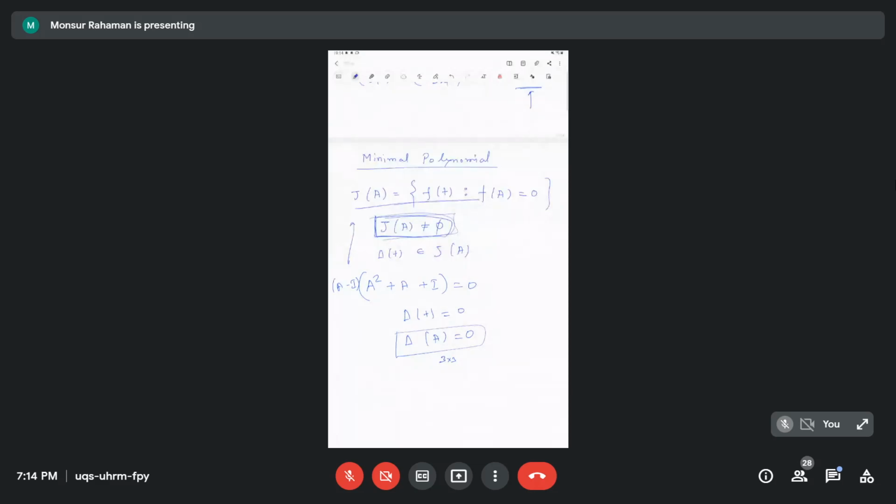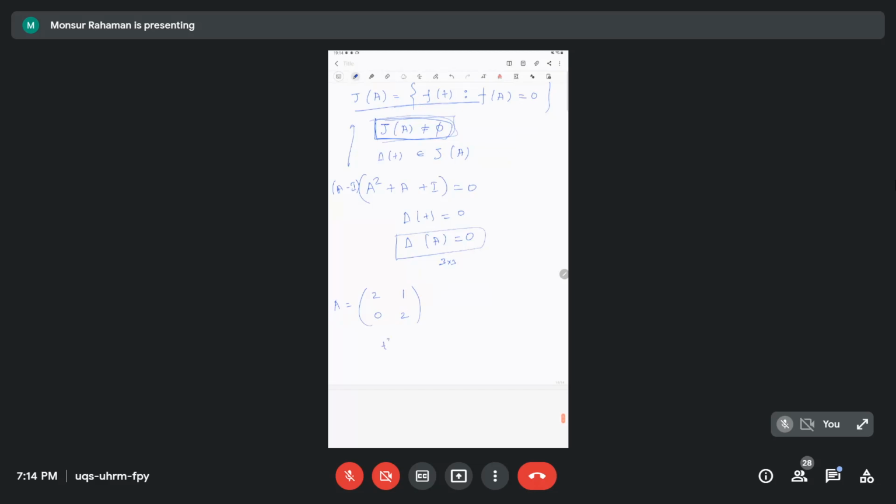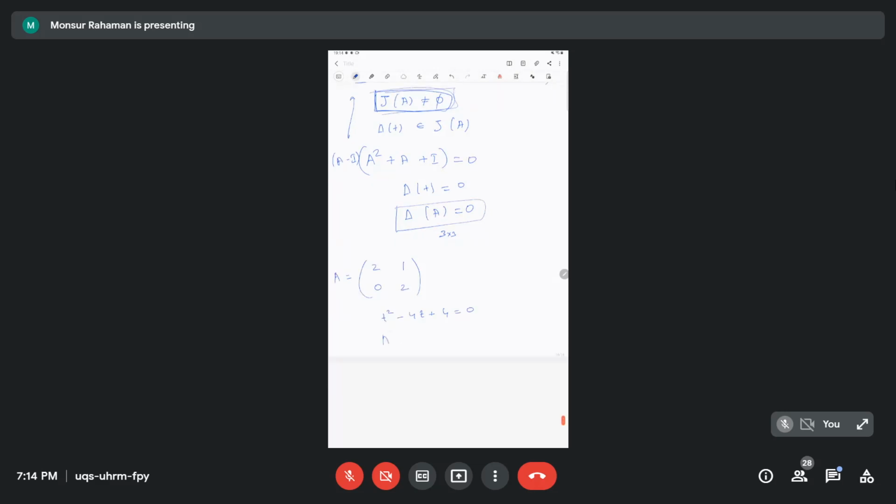For example, if this is the matrix, its characteristic polynomial was t square minus 4t plus 4 equals 0, or you can say (t minus 2) square equals 0.